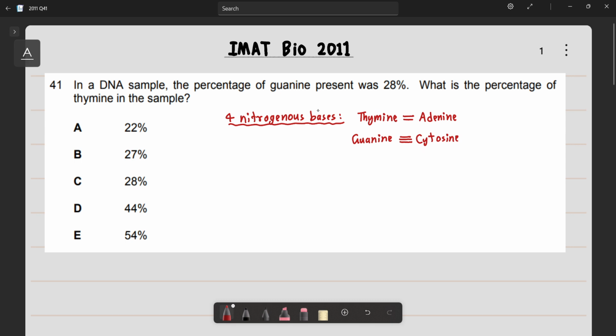What we are given is that 28% of the DNA bases are composed of guanine.